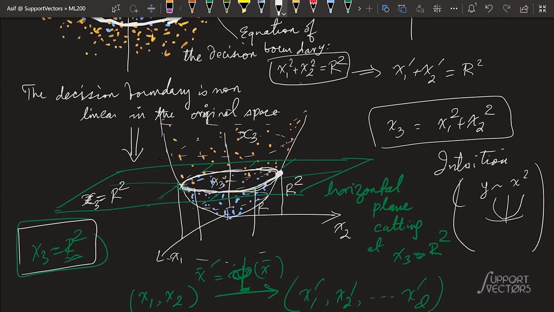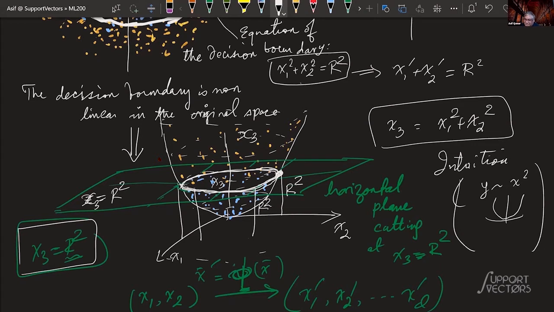On this horizontal plane, every single point is at the same height from the ground, the ground made up of x1 and x2, isn't it? And so all the points on the parabola, the decision boundary points, wherever this plane cuts the parabola, the whole decision boundary is at height r squared, because every point on this plane is at a height of r squared. Right, r squared.